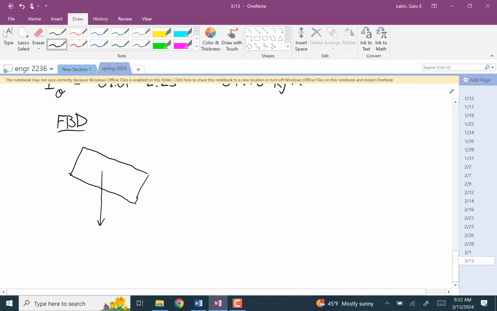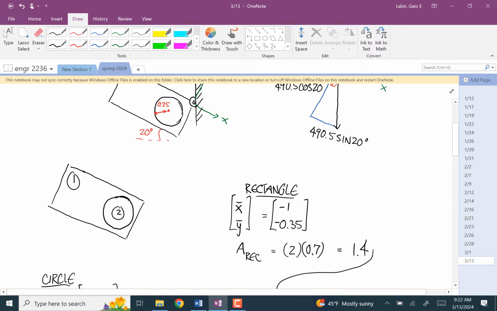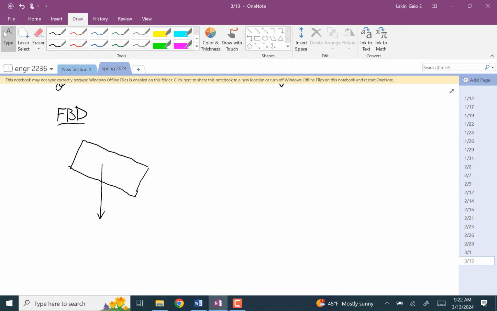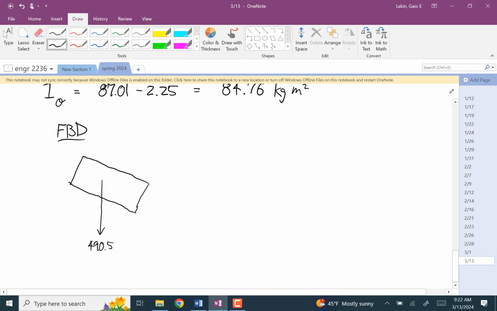So we have a weight force like this. And this is 490.5. And then, okay, so now we're back to sort of rigid body stuff, not just geometrical stuff. There's a pin joint here. And so that's a force with an unknown direction and an unknown magnitude.